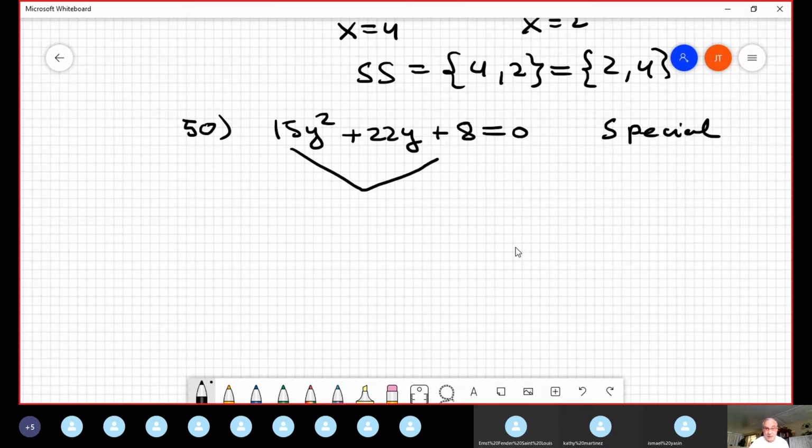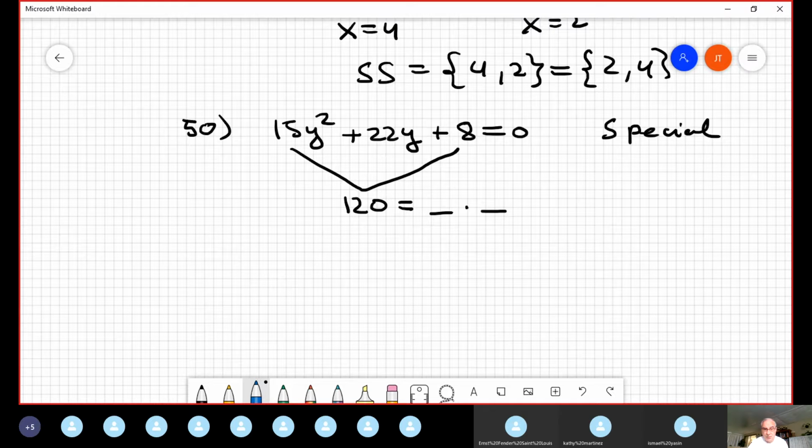You multiply this number by the last one. That's 120. I try to find the combination. I need to find two magic numbers that multiply each other to give me 120, and addition or subtraction gives me 22. Do you see the combination or no? Come on, what is the number?